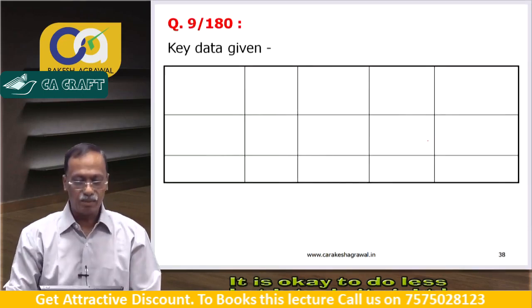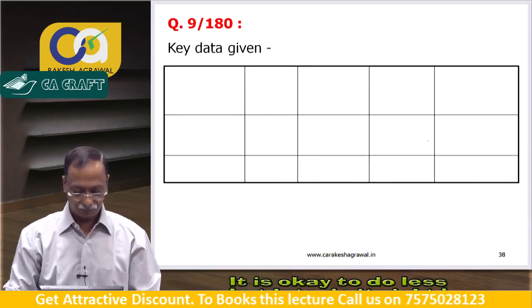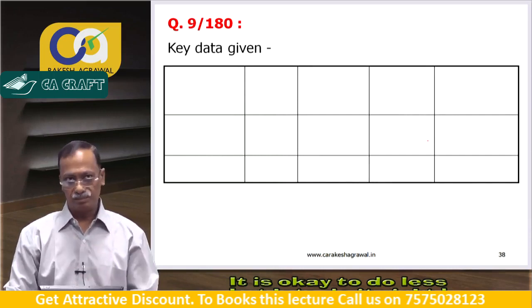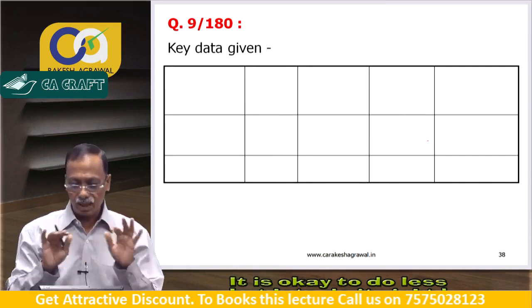Write down question 9 by 180, key data. Whatever data is given in the question, I am copying it in a tabular format.